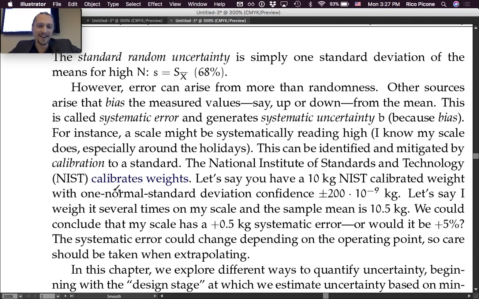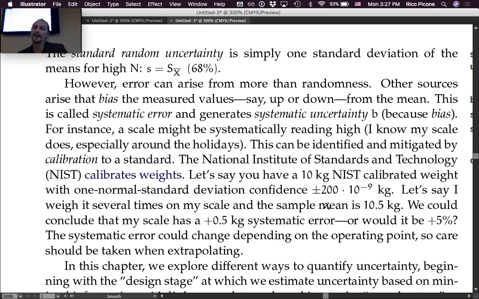Seriously. Okay. So let's say you have a 10 kilogram NIST calibrated weight with one standard deviation confidence of plus or minus 200 times 10 to the minus 9 kilograms, which I literally got from their website. That's their one standard deviation confidence in the 10 kilogram calibrated weight from NIST.